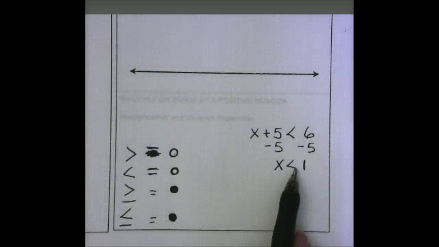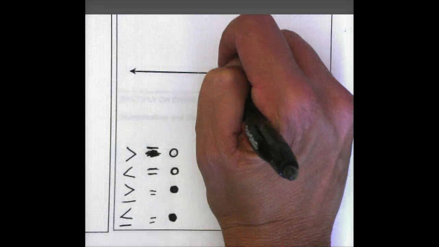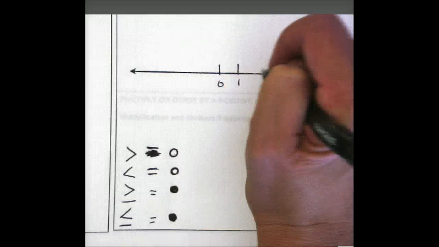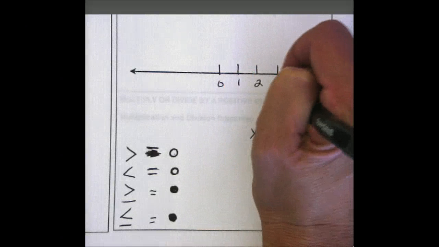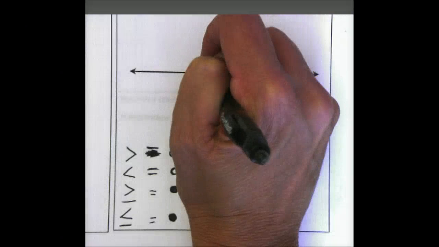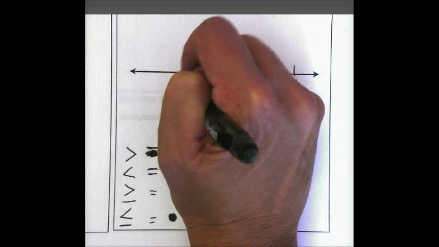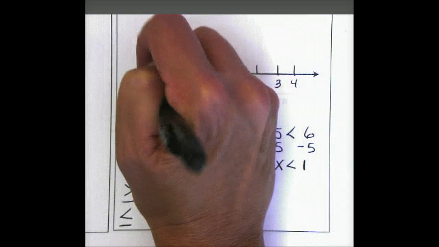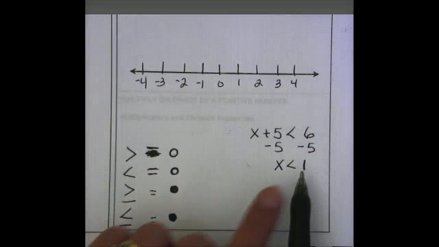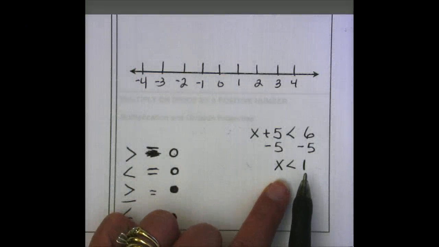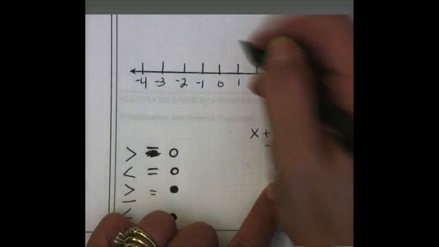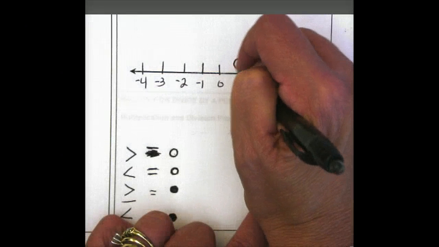Because we have less than, we're going to first of all go ahead and draw our number line. And our solution is x is less than 1, so we're going to put an open circle on the 1.